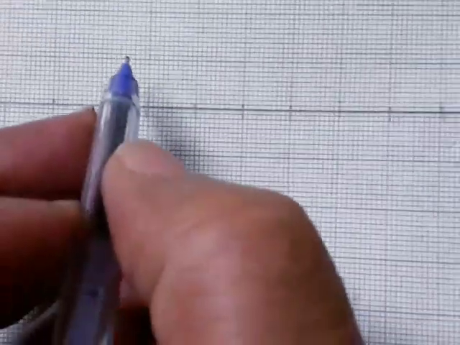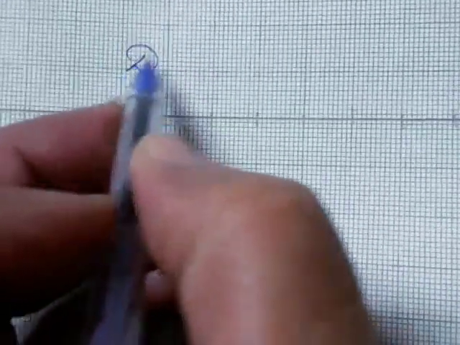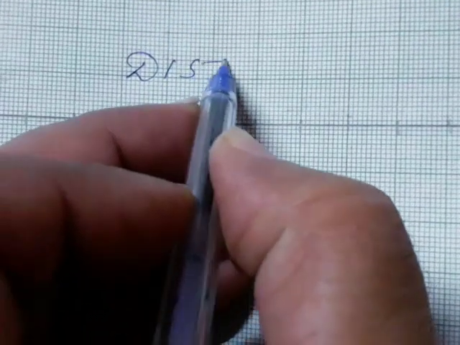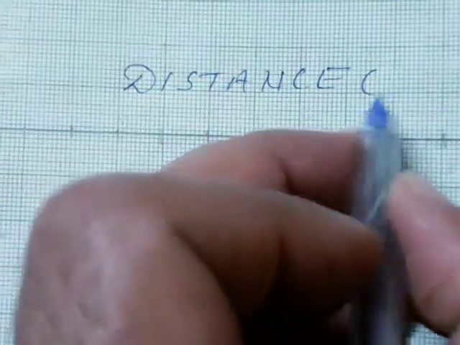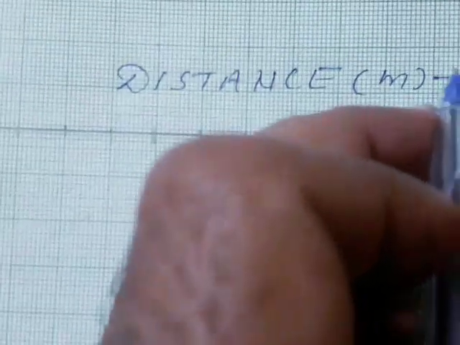On this graph, the y-axis represents the distance and its unit is meter. Here our values are given as 0, 2, 4, 6, 8.